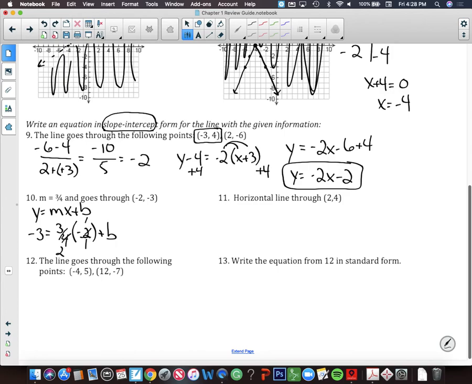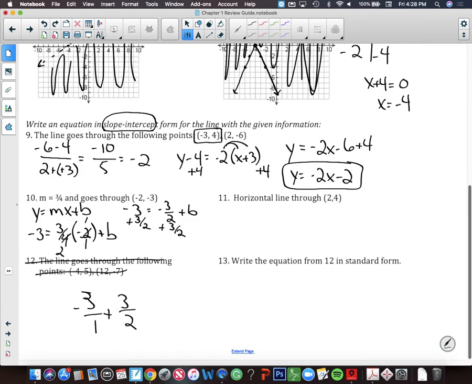All right, so continue up here. -3 equals -3/2 plus b. So we have to add that 3/2 to both sides to get my b. So -3 plus 3/2. I'm not going to do number 12, so I'll do my work down here. So that's like -3 over 1 plus 3 over 2. Get a common denominator.